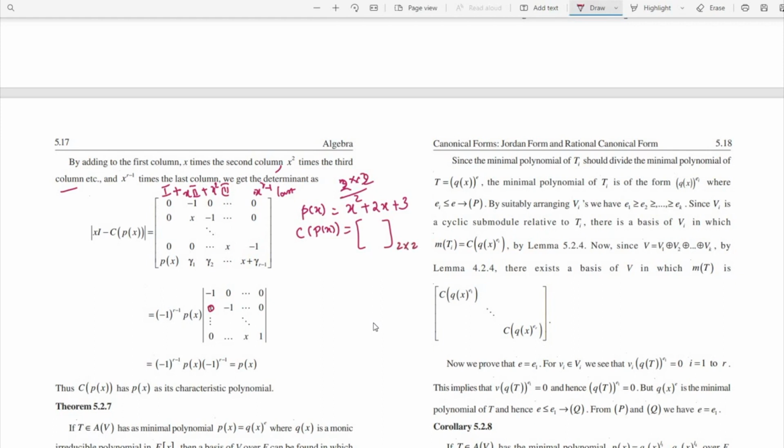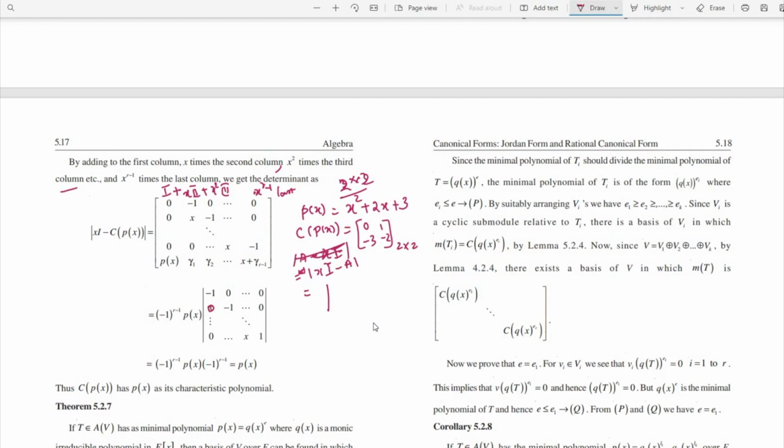So you have your minus 3 here, minus 2 here, and then 0, 1. So this is the companion matrix. We want to find determinant A minus xI or xI minus A, that doesn't matter; we will get some minus 1 power, so that doesn't matter. So we shall consider xI minus A.